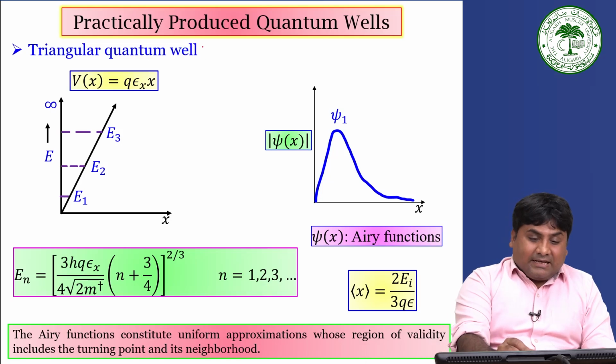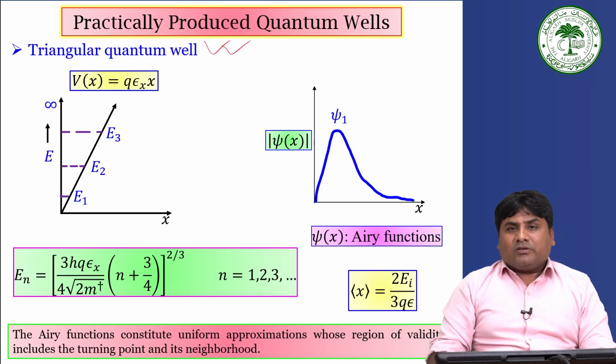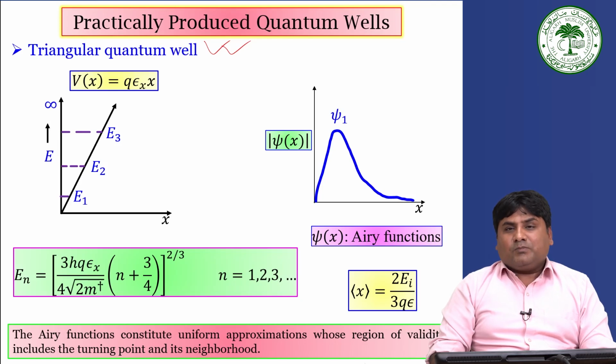This is the triangular quantum well energy level. This is somewhat different from your normal 1D problem, the box with cubical energy levels, and it is somewhat complex. In a normal 1D box or 3D box, you use quantum mechanics in a very simple form with simple mathematics, but in this case very complex mathematics is involved.